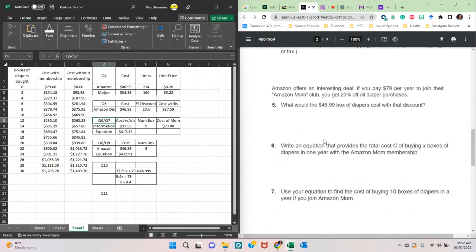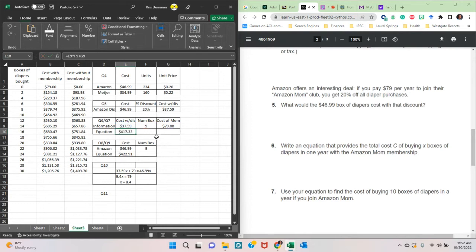It says, write an equation that provides the total cost C of buying X boxes of diapers in 1 year with Amazon Mom membership. So here's the thing, the equation that we need is written right here. This is what we needed for it, okay?